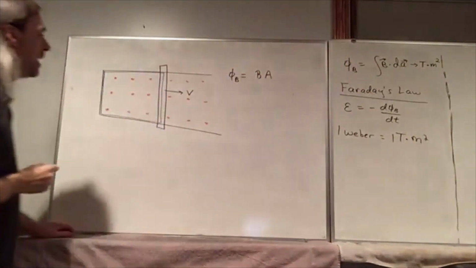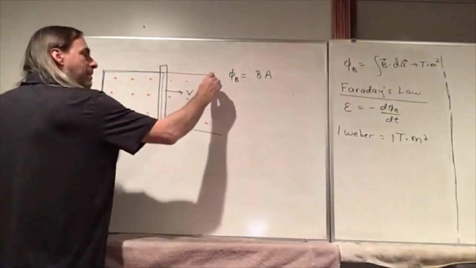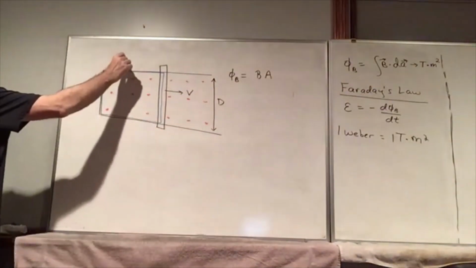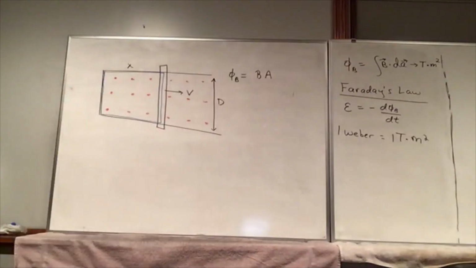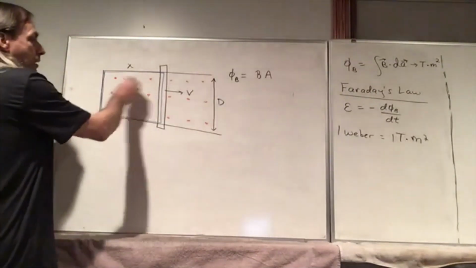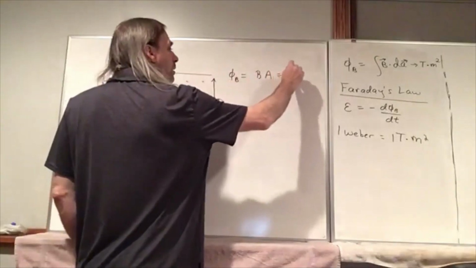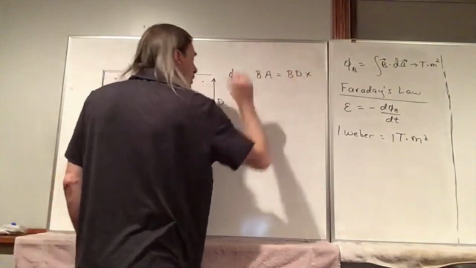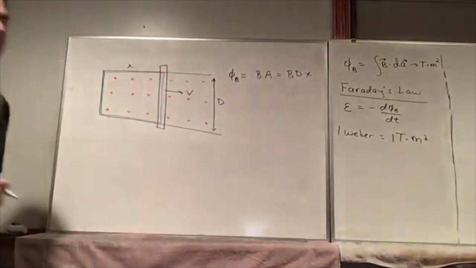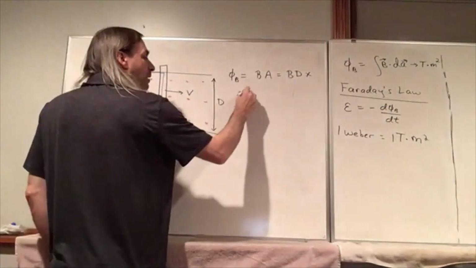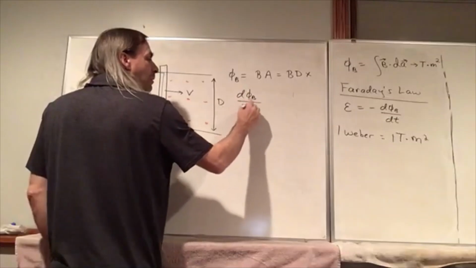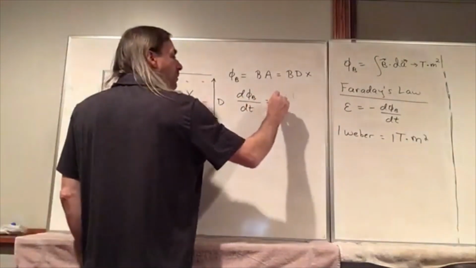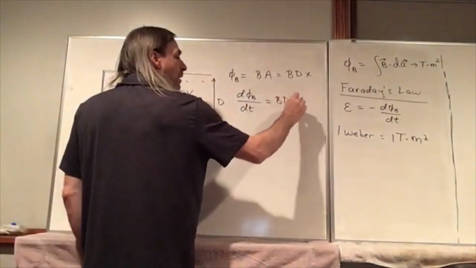So that would just be B times A. Let's say this dimension here is D, and let's say this dimension is X. So in this case, the area is just D times X. And so if we look at the rate of change in flux, well, the B and D are constant, so we have BD dx dt.